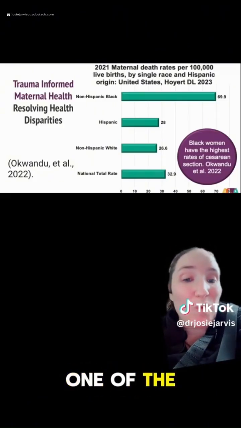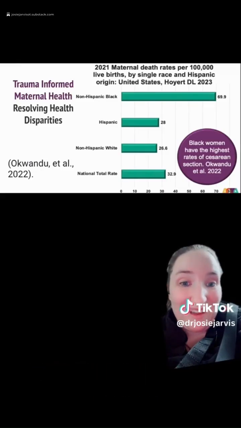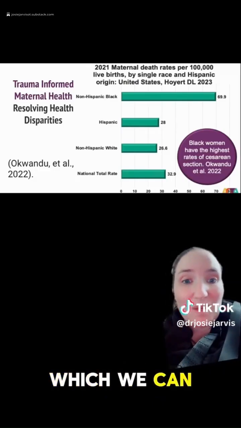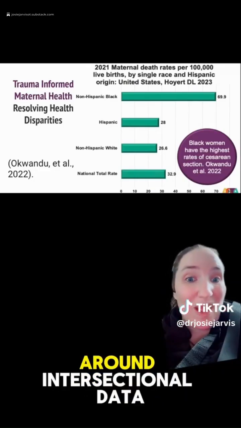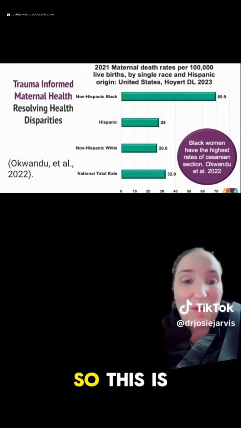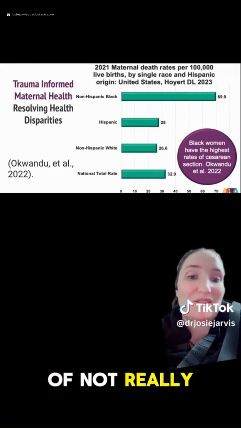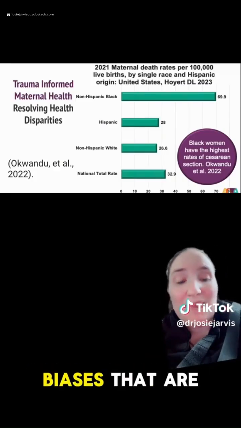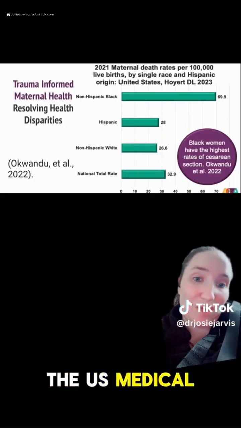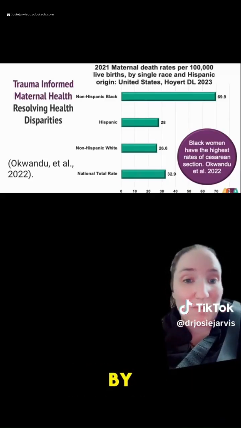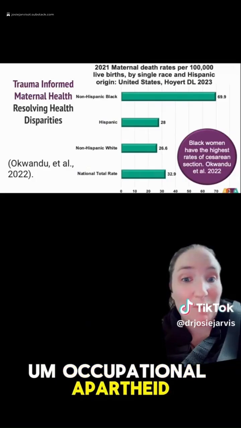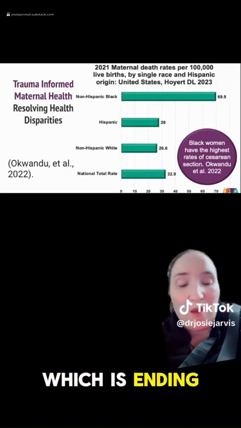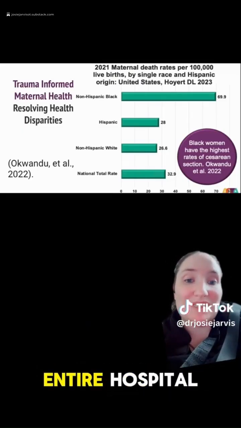We have one of the worst maternal fatality crises in the United States compared to other nations, which we can see here broken down around intersectional data points. This is a key sign of not taking into account how we're collecting data, and biases that are pre-built into the US medical systems, influenced by occupational apartheid principles, pre-biasing our data and our priorities, which ends up creating more inefficiencies in the entire hospital.